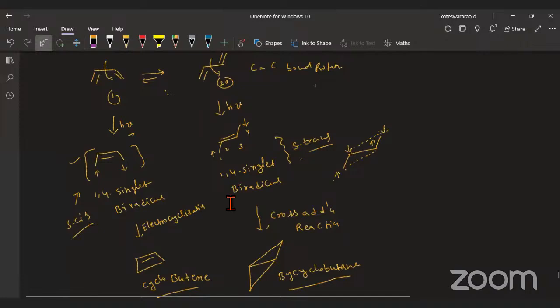That can be confirmed by rigid cyclic conjugated diene systems. Instead of this S-cis or S-trans starting material, for this replacement I am considering cycloheptadiene, a 1,3-butadiene resemblance structure, but it is cyclic and just 7-membered.